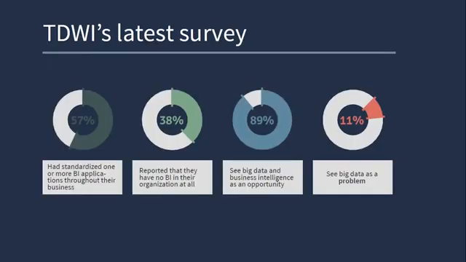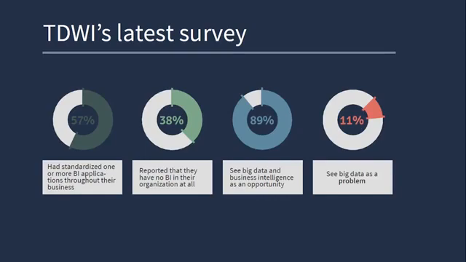So let's look at TDWI's latest survey on business intelligence. Of the companies they surveyed, 57% had already standardized one or more BI applications throughout their business. So that's huge. That's a large jump. And only 38% of companies said that they weren't using business intelligence at all. So that's a minority of businesses not using it at all.